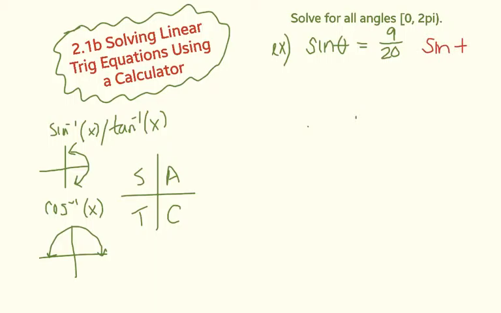So we know that our answers, two of them, have to fall one in quadrant 1 and one in quadrant 2. The one in quadrant 1 is what we called our principal value when we were talking about inverse trig. This is the value that we'll get from our calculator. The one in quadrant 2 we are going to have to determine based off of our calculator work.